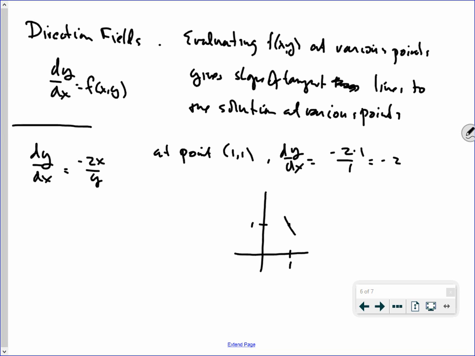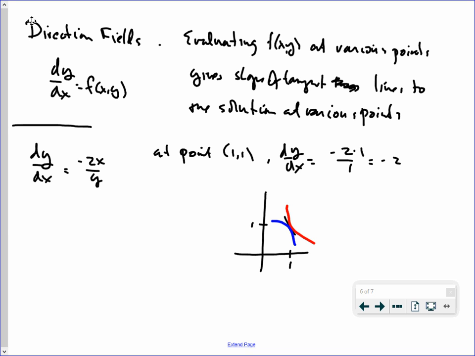So the solution might look like that, or the solution might look like that, or some kind of combination. I just know at that particular spot, the solution to the DE has slope negative 2. So just looking at a little piece of the tangent line there gives me an idea of what the graph looks like at that spot.